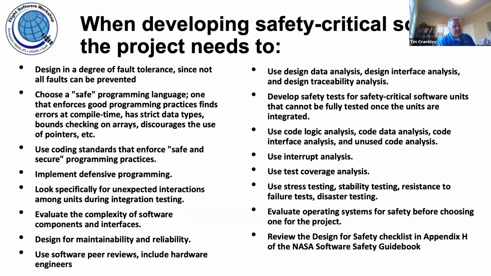So those are some of the general things, but then we've got this other set, actually out of the guidelines, a whole series. I won't plan to go through every one of these, but I put them in here for informational purposes. There are a number of other things that ought to be thought about: fault tolerance, good programming languages, secure programming practices, defensive programming, complexity, maintainability. The bottom one down here is interesting. We've run into a lot of cases recently where we're starting to see that our software peer review processes maybe aren't as good as they ought to be.